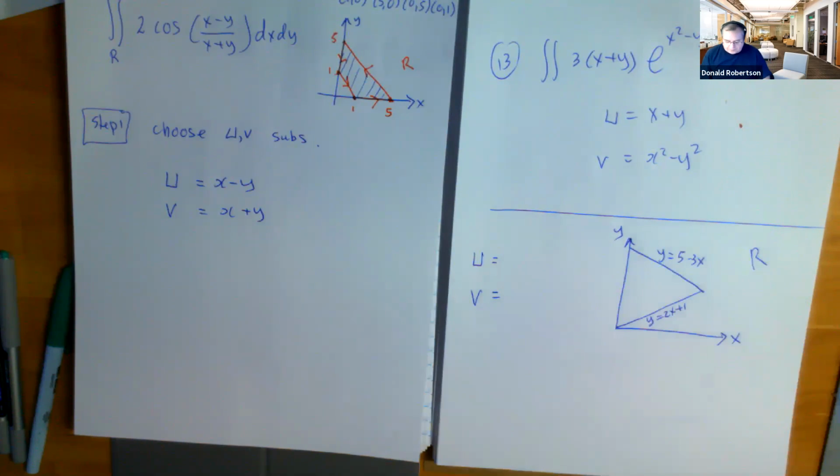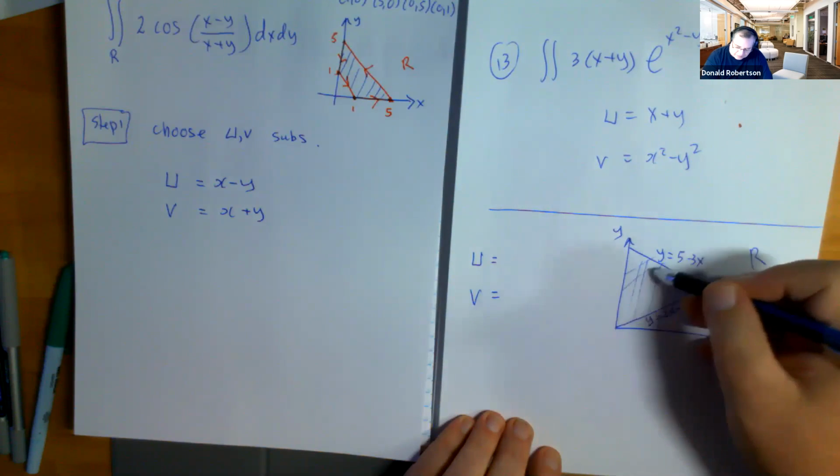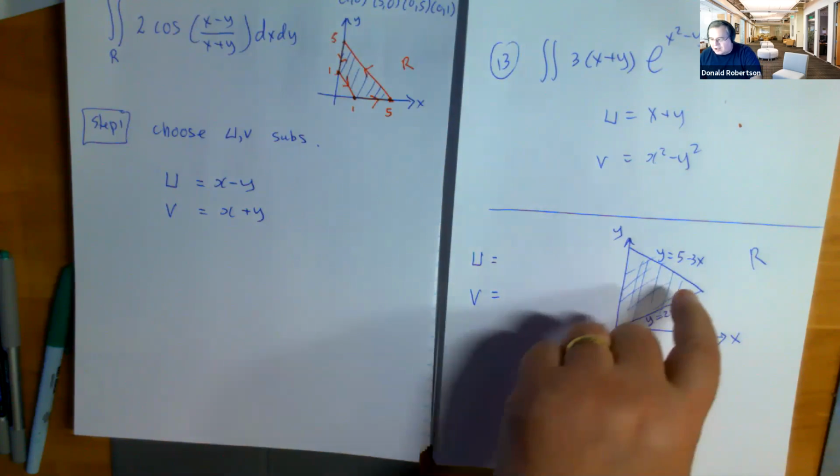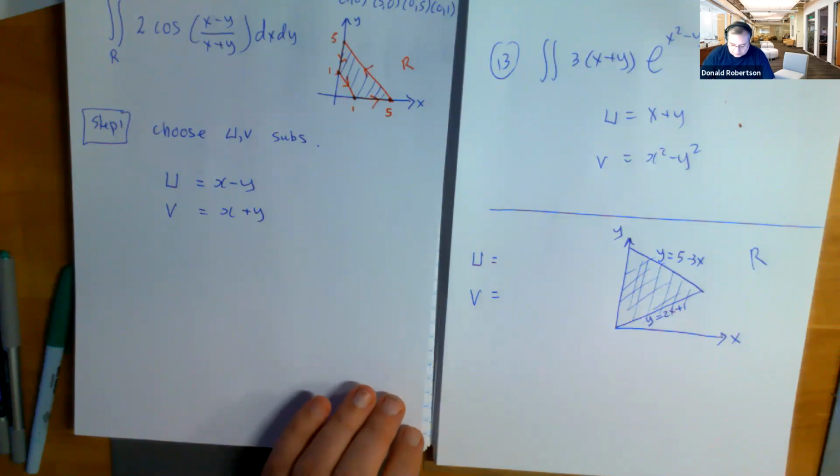Obviously, that's the third one. So in these questions, it's the region R, or at least the boundaries of the region R, that tell you what you should use as your U and your V substitution.